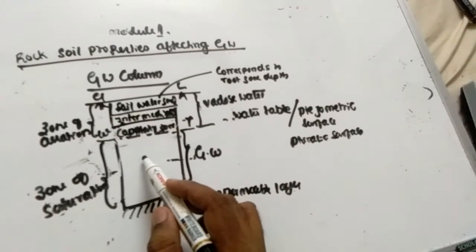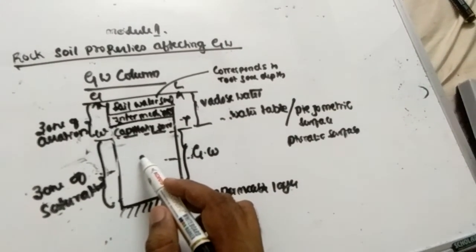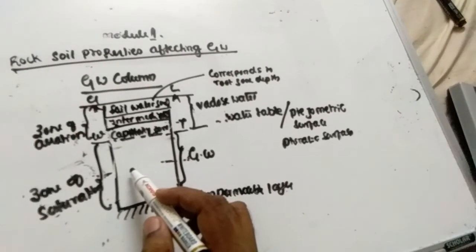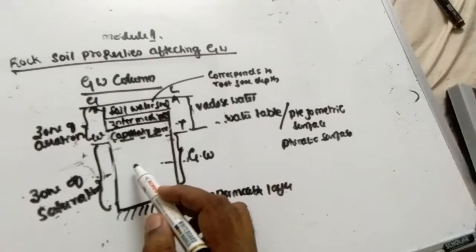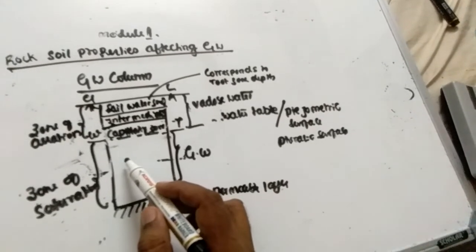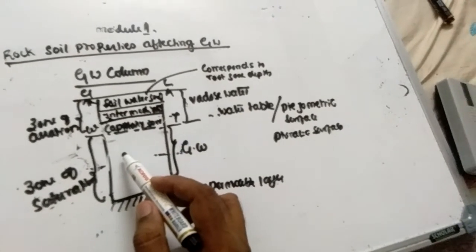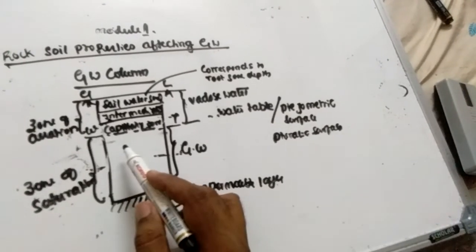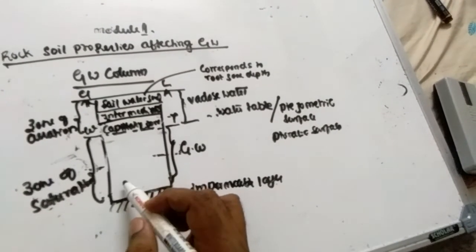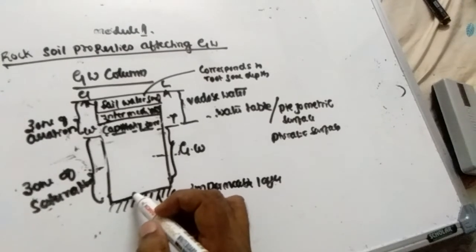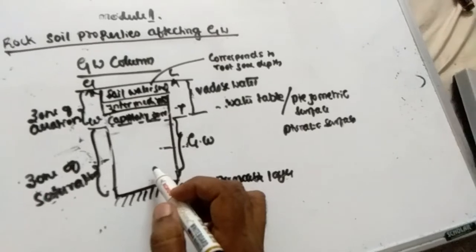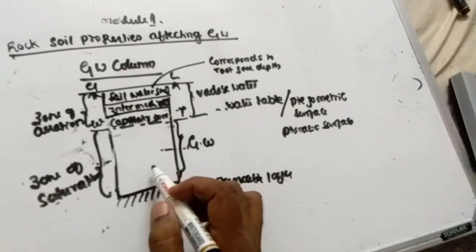The aquifer just below the water table is known as the unconfined aquifer or water table aquifer. An aquifer bound at the top as well as the bottom by confining layers is known as a confined aquifer.